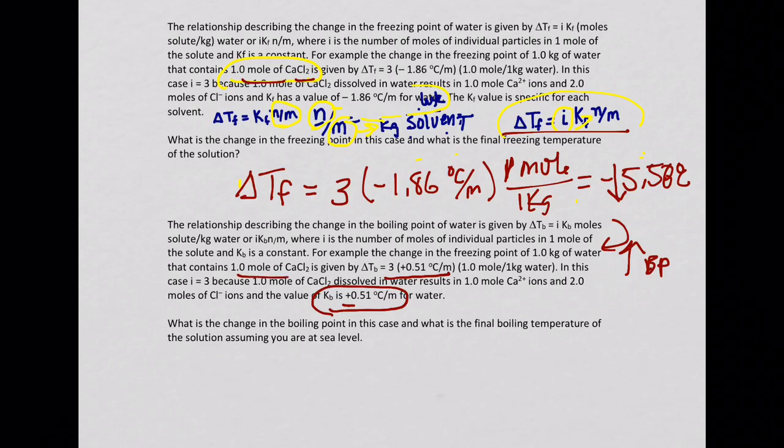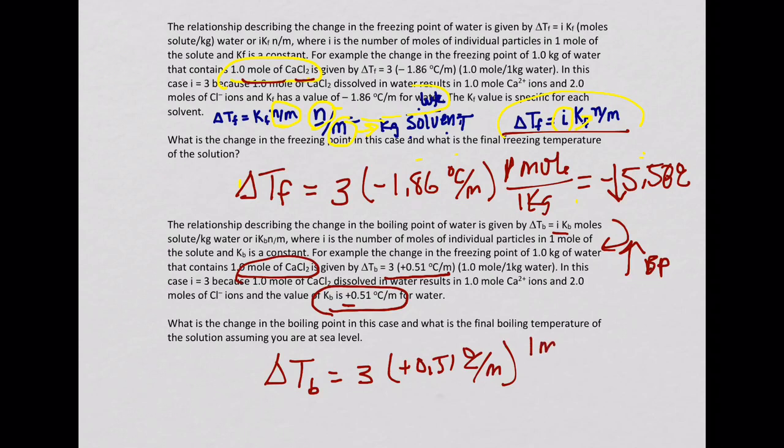Again, you're dealing with calcium chloride, so your i is 3, and so you have a delta T of the boiling point equal to 3, and then your K of boiling point is 0.51 degrees C per m, and that's going to be 1 mole over 1 kilogram. And I have easy numbers here, but you could easily change all of these. And that comes out that you increase the boiling point by a little over 1.5 degrees C.